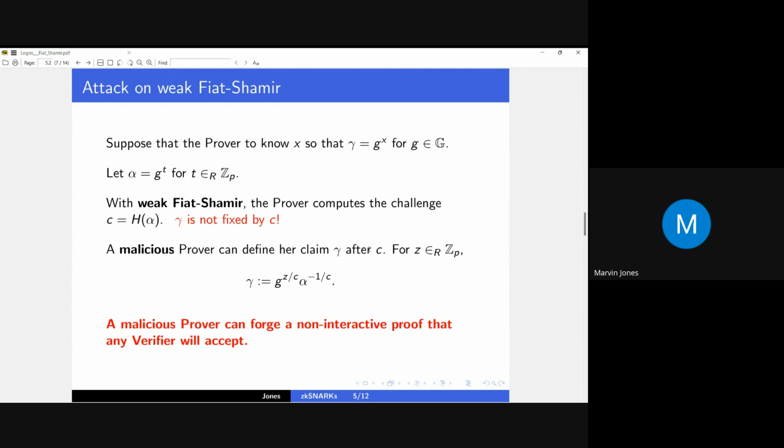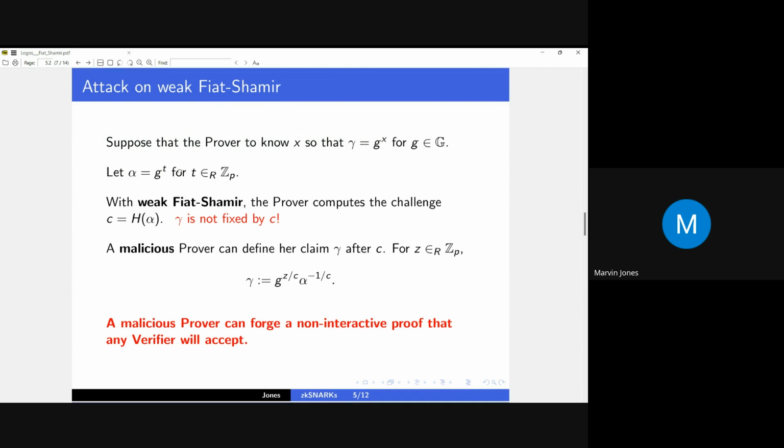That's the important part. And what would happen is alpha is selected, and notice that we don't really need to know what T is. So we could really just take any alpha in the group, any number in Z_p, and the only thing that we have to worry about as a malicious prover is that the verifier is going to compute this C. They know how to compute C as H of alpha.